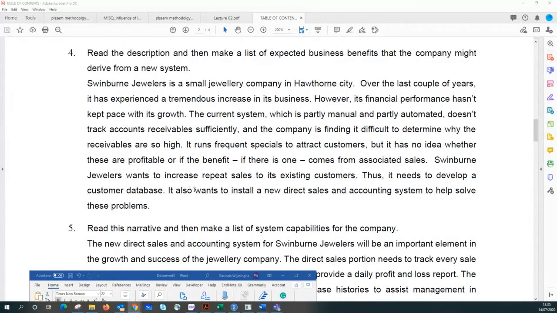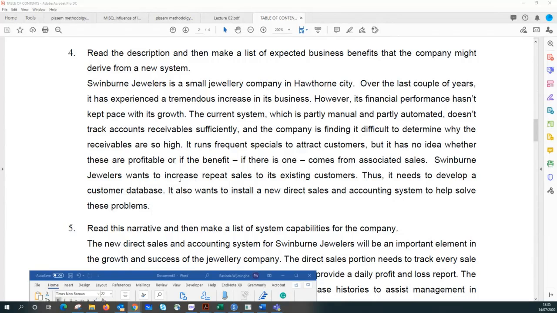Now imagine we are trying to implement a customer database that we can link to the sales, and whether those sales were generated from specific marketing we have conducted, how often the customers have paid, what their credit limit is, etc. All of this we can derive from this sort of database.